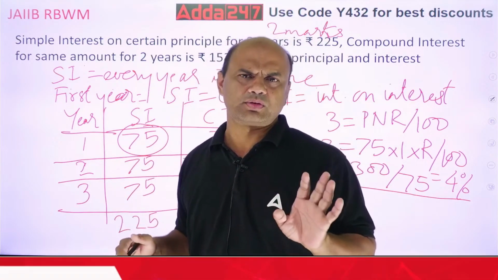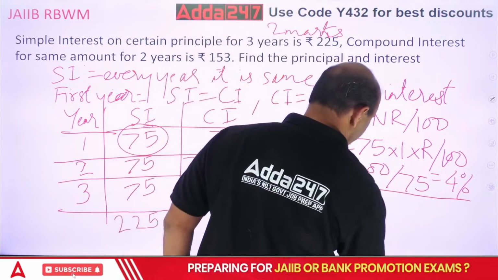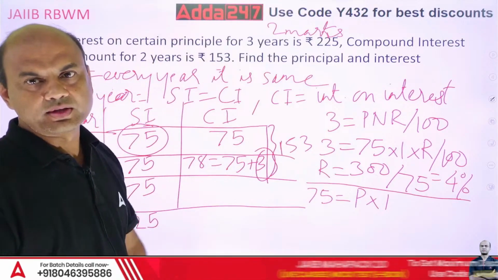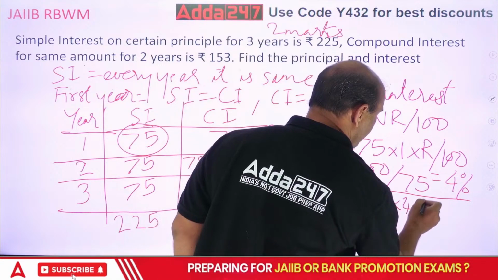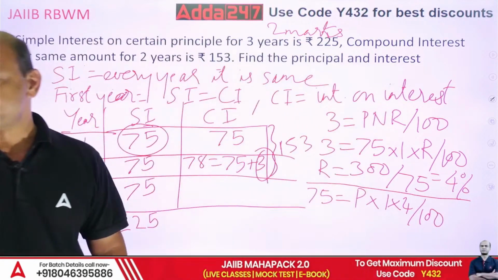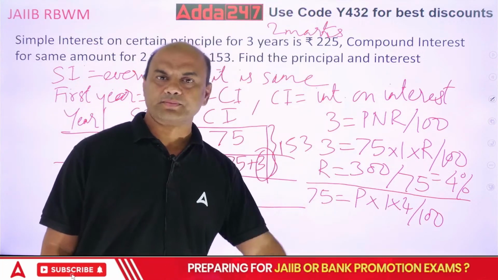That I don't know. Let's keep it like that only. So P into N for 1 year, 1 into R. R is now, you got it, 4%, 4 upon 100. Getting this? P into 1 into 4 upon 100.